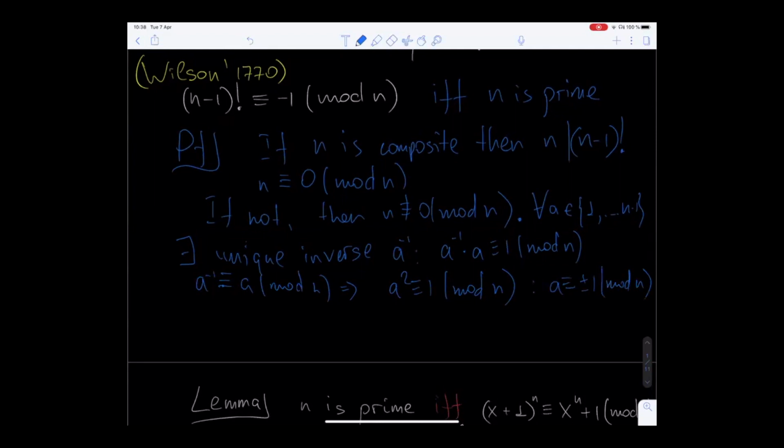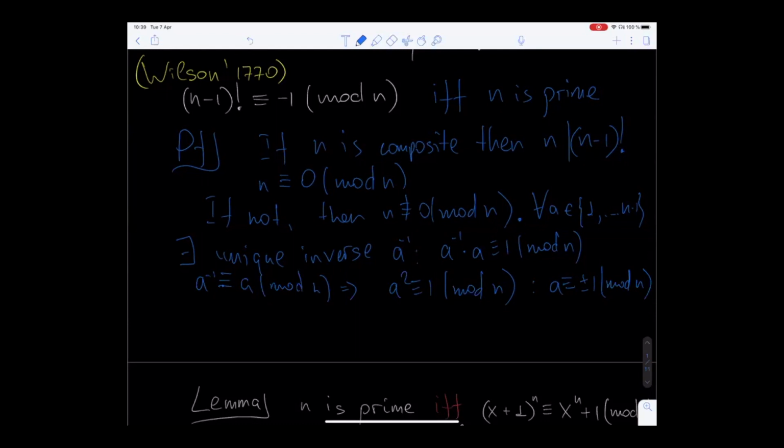So basically the inverse of plus 1 is plus 1, of course, and the inverse of minus 1 is minus 1. Every other number, in the product (n-1) factorial, together with its inverse gives 1. The only thing left is minus 1, whose inverse is itself.